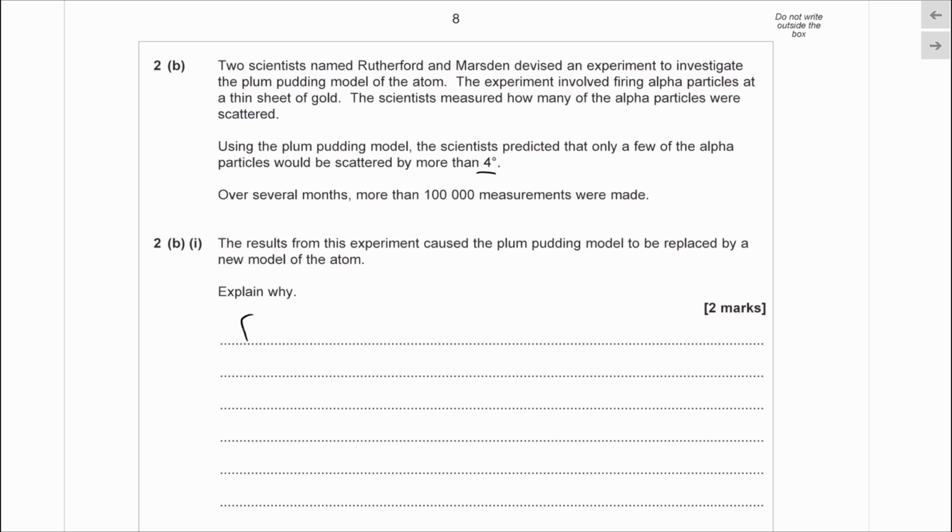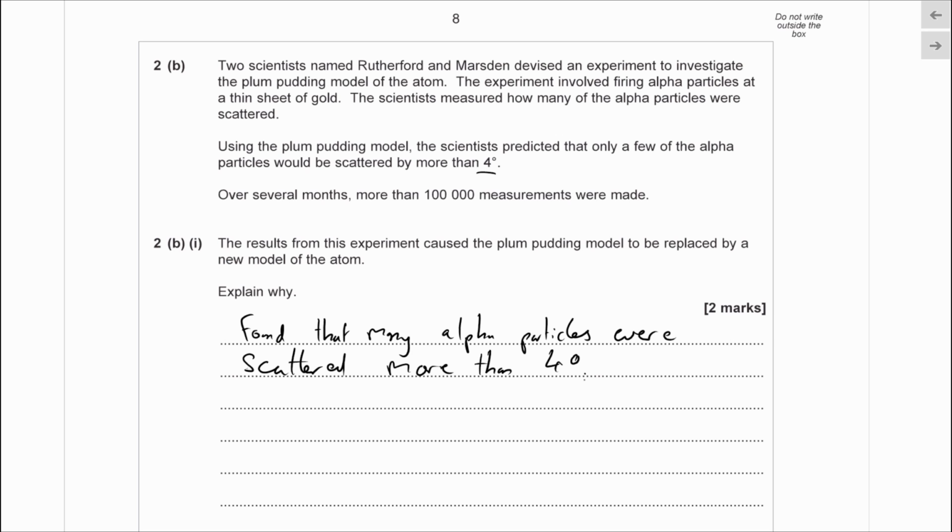So they found that many alpha particles were scattered more than 4 degrees. This could not be explained by the plum pudding model, and that's why they replaced it.